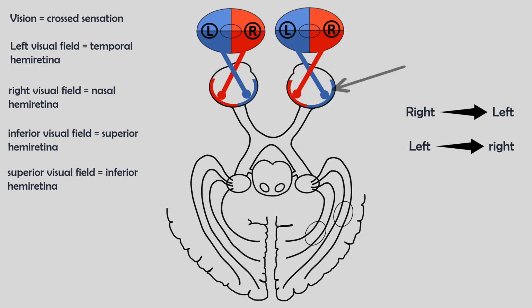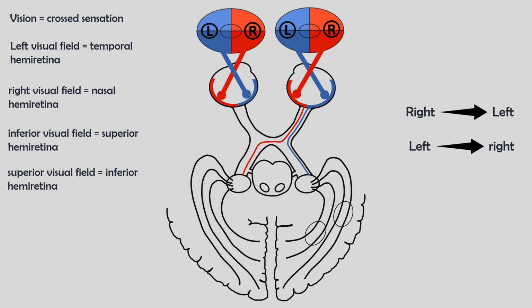So these fibers, when moving backwards through the optic nerve and optic chiasma, stay on the same side, that is, the right side. Now the nasal hemiretina receives light rays from the right visual field, and anything from the right goes to the left. These fibers coming from the left nasal retina, going backwards through the optic nerve, cross at the optic chiasma and go to the opposite side, that is, the left.